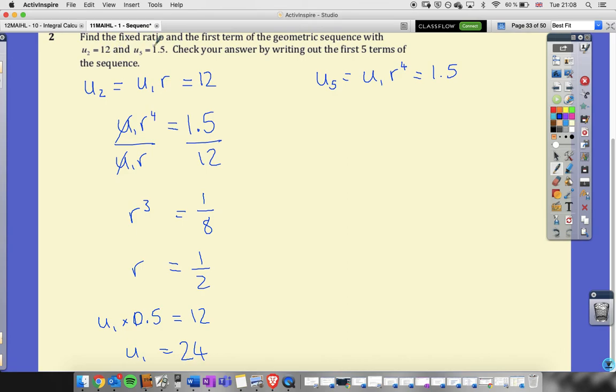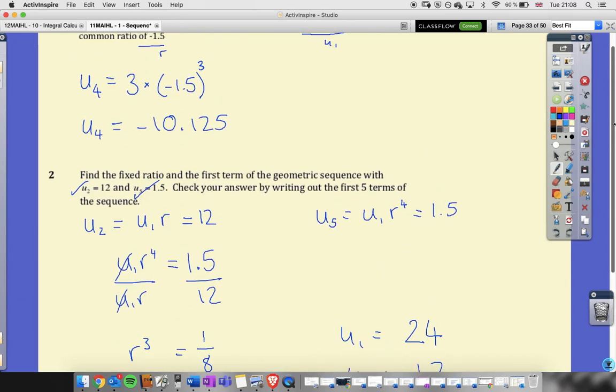So I've found the fixed ratio, r, and the first term. I can check my answer by writing out the first 5 terms. u1 is 24. My next term I get by halving, so u2 is 12. Good, that fits. u3 is 6, u4 is 3, and u5, as we were hoping for, is 1.5.